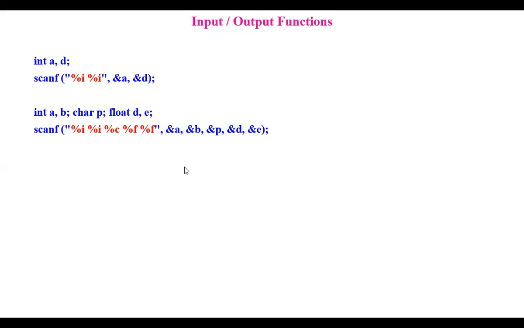Next, third is &p. P is a character, so %c is used. Next two are d and e, they are floats, indicated as %f. So in just one statement, you can read all the 5 values. For that matter, you can read any number of variables into the system and assign them to the required variables.